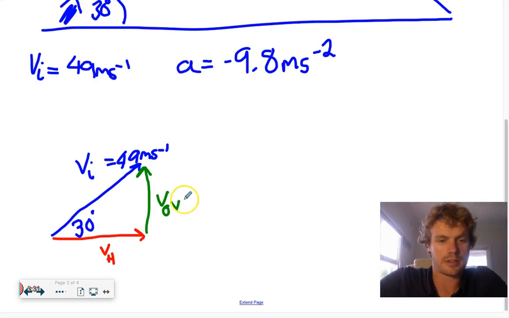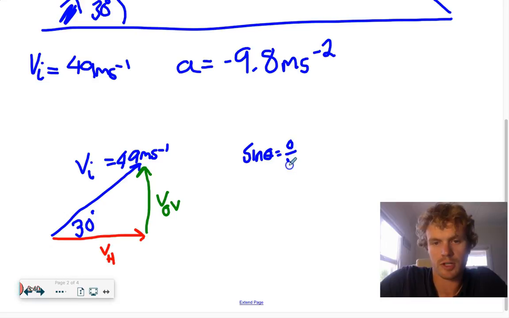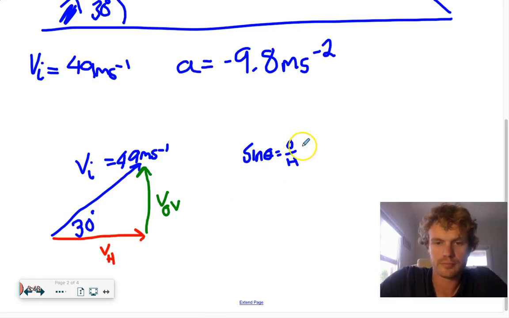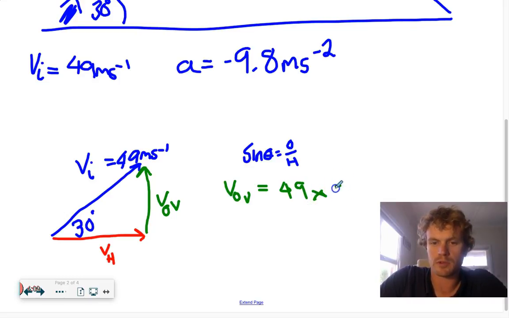To work out this side, I'll use sine: opposite over hypotenuse. This is the hypotenuse. Rearrange, and we'll get that my opposite, which is V0 of the vertical component, is going to be equal to 49 times sine of 30.